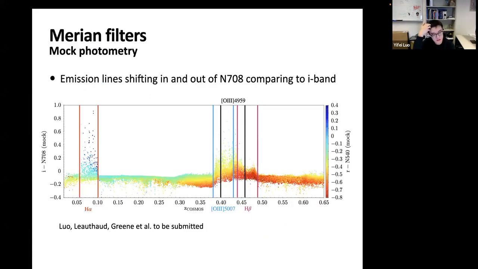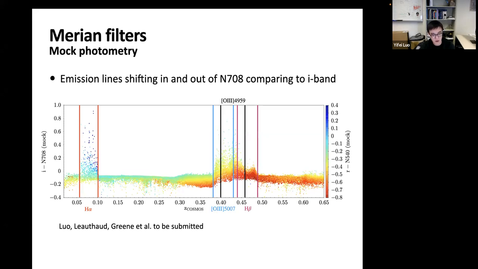So now I give you some mock photometry, or mock color, for the N708 between HSC broadband filters. That's I band from HSC minus Merian N708, from our mock image simulators for all the galaxies in the COSMOS field. You see that within our redshift range there are those excesses between I band and N708.